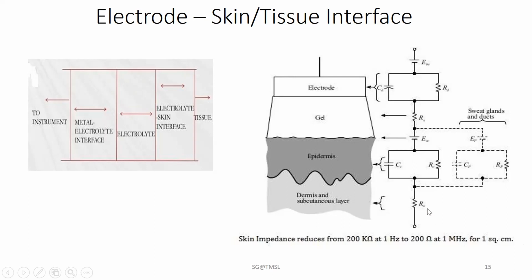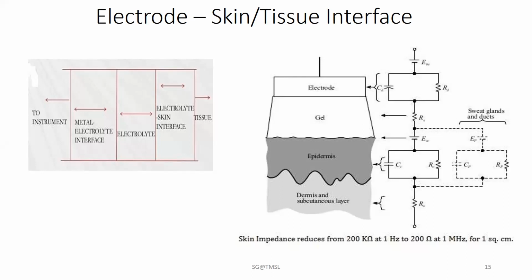Okay. So if a part of the electrode is in electrolyte and one moves while the other remains stationary, a potential difference appears between these two electrodes during this movement. This potential is actually one type of motion artifact, which can be a serious cause of interference in the measurement of biopotential.